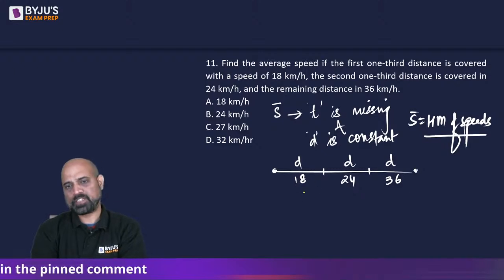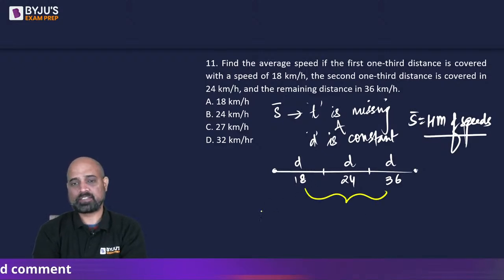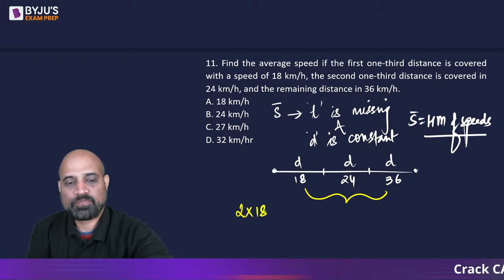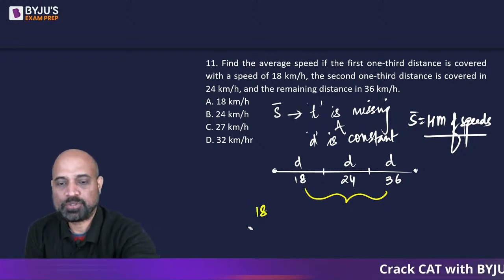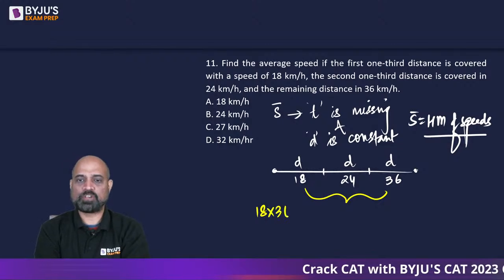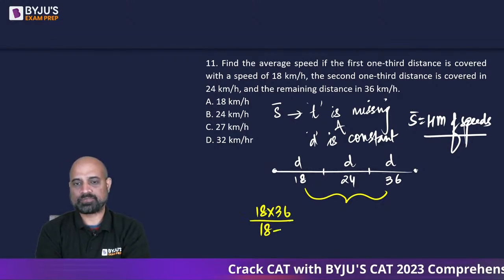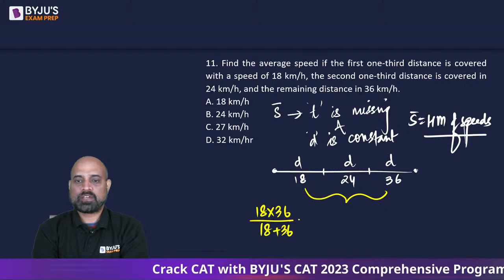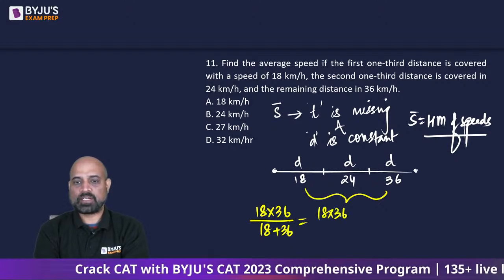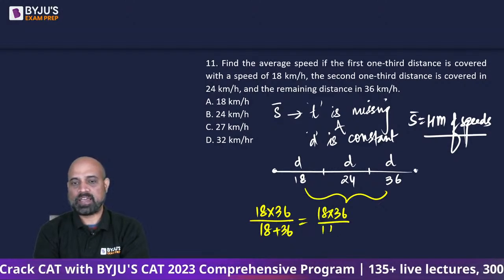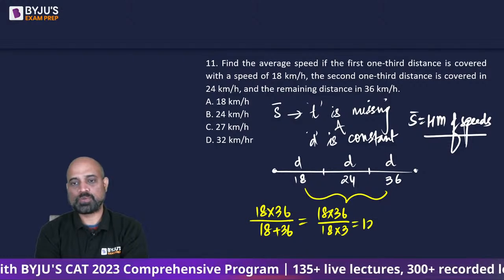Well, I will prefer the harmonic mean of 18 and 36, which is going to be 2 times, sorry, which is going to be 18 into 36. देखो 3 नंबर्स का हार्मोनिक मीन ना मैं ऐसे कैलकुलेट करूंगा, which is going to give us 18 into 36 divided by 18 into 3, which results in 12.